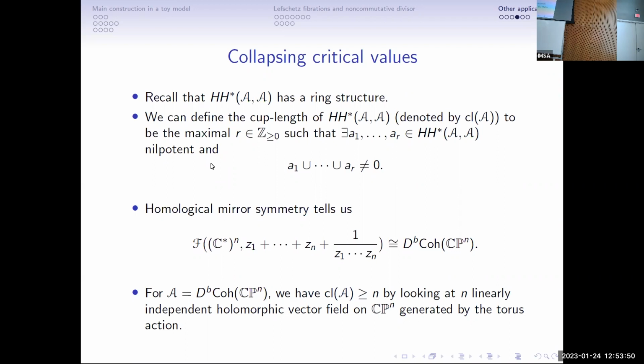On C^n, there is a holomorphic (C*)^n action. Let's take n linearly independent holomorphic vector fields induced from the action, and take their top product, and you can see that it doesn't vanish. So we know that the cup length is bounded below by n.